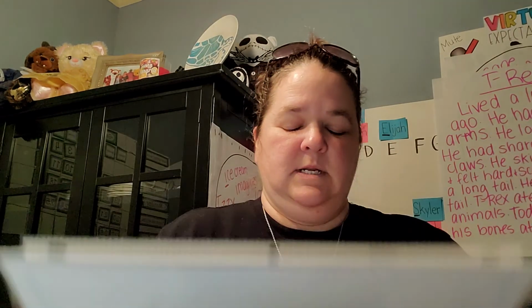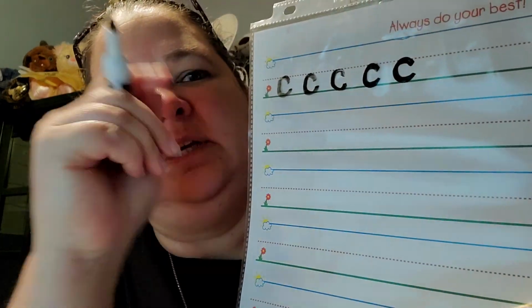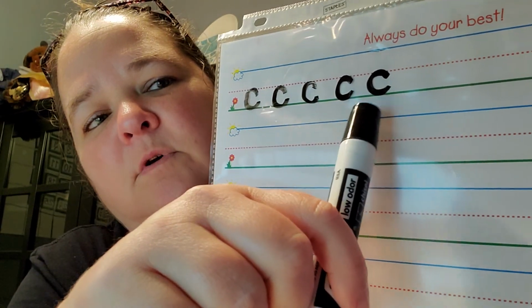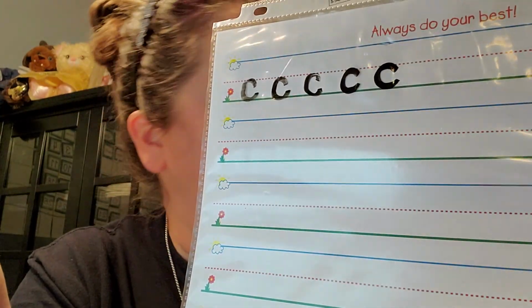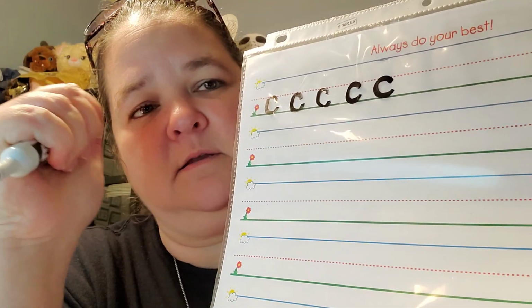So we've made 3 together, and I want you to make 2 more on your paper. And you should have just made 1, 2, 3, 4, 5 lowercase c's. Lowercase c is exactly like making an uppercase C, only we don't use the skyline.